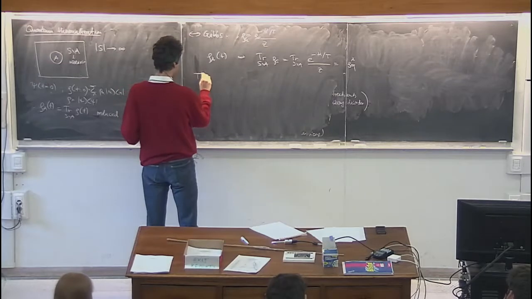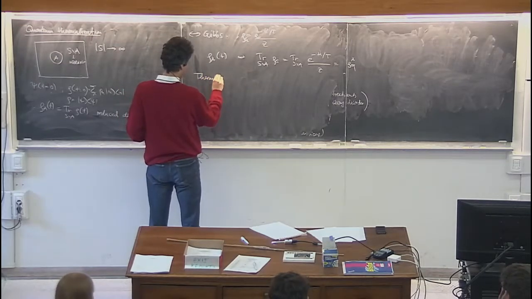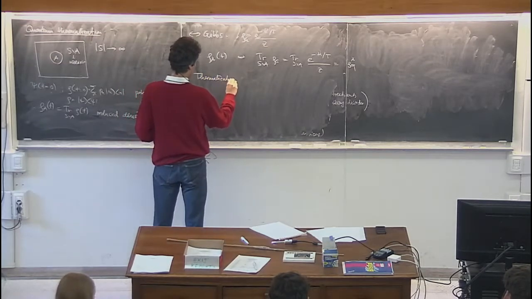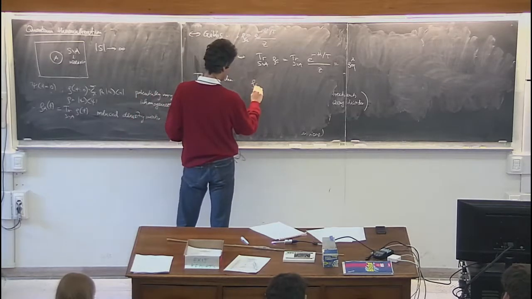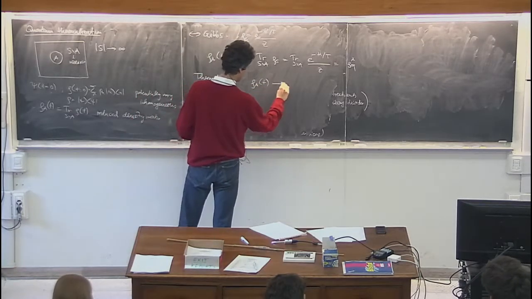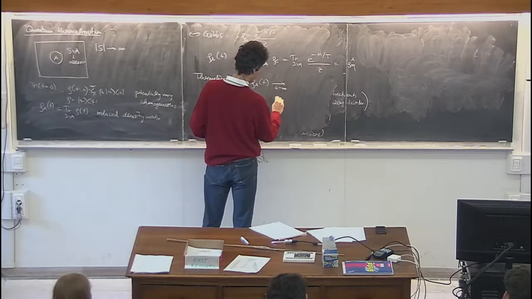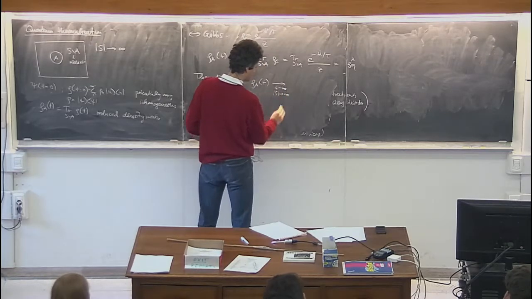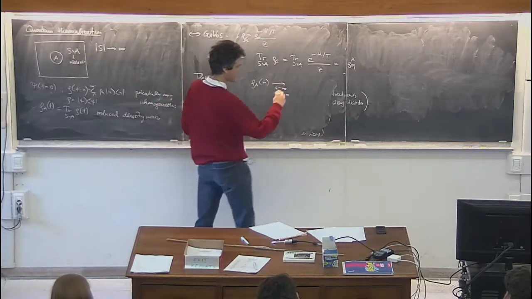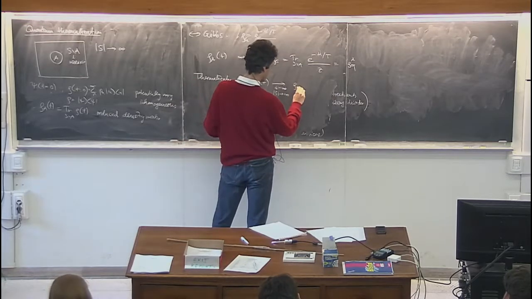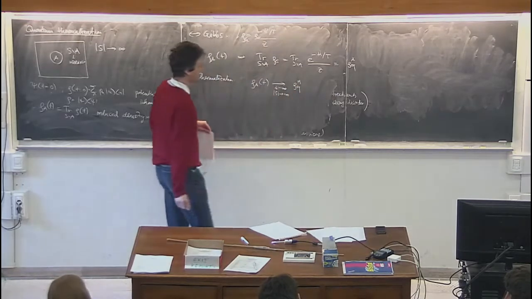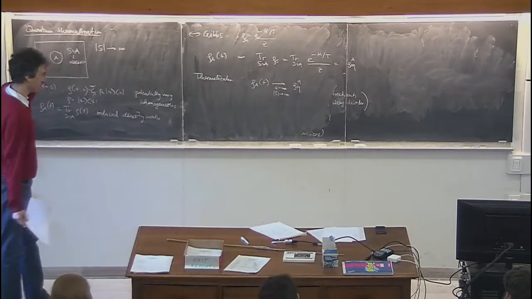And now thermalization is the statement that rho A of t goes, when t goes to infinity, and also in the infinite volume limit, appropriately taken together, to this equilibrium density matrix.